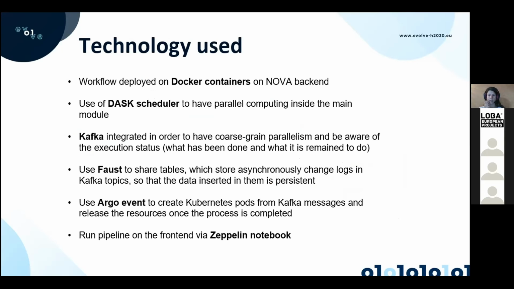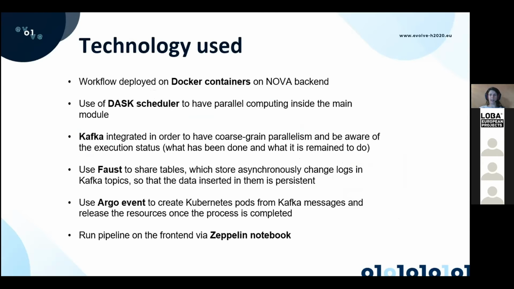Here I will do a little summary of the technology used. So first we have used Docker containers, but this technology was already used before to integrate the Evolve project, and it was the only one that we used.